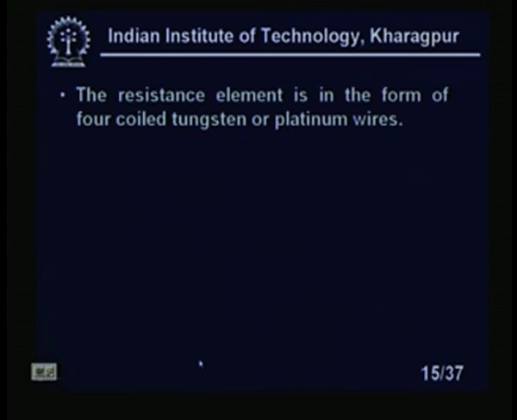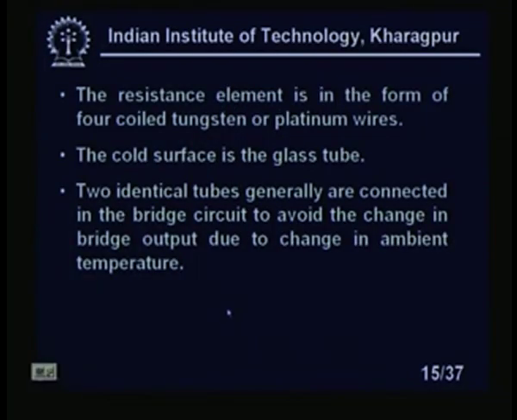Now, the resistance element is in the form of 4 coiled tungsten or platinum wires, as I have shown, right. The cold surface is a glass tube; the outer surface of the glass is a cold surface. 2 identical tubes are generally connected in the bridge circuit to avoid the change in bridge output due to change in ambient temperature.